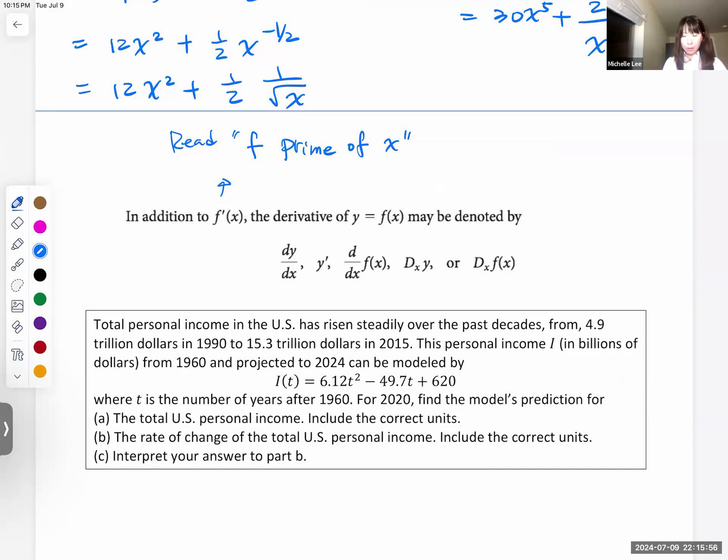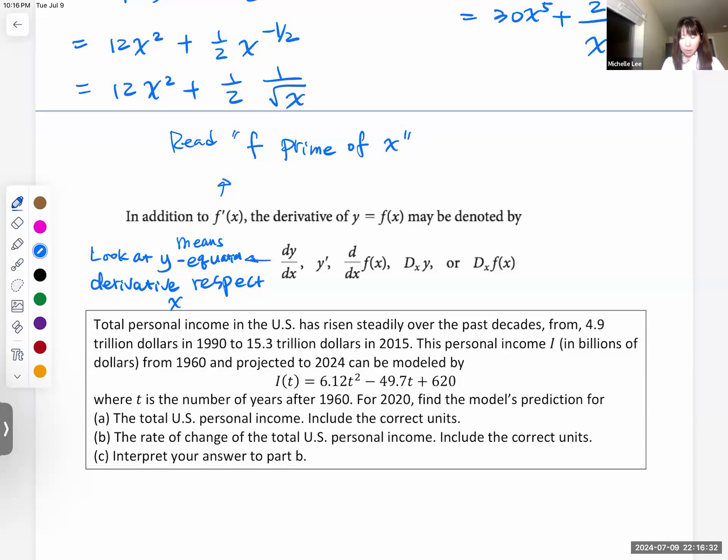We have dy over dx, which means we're looking at the y equation and the derivative with respect to x. So, the derivative of the function with respect to x, okay?